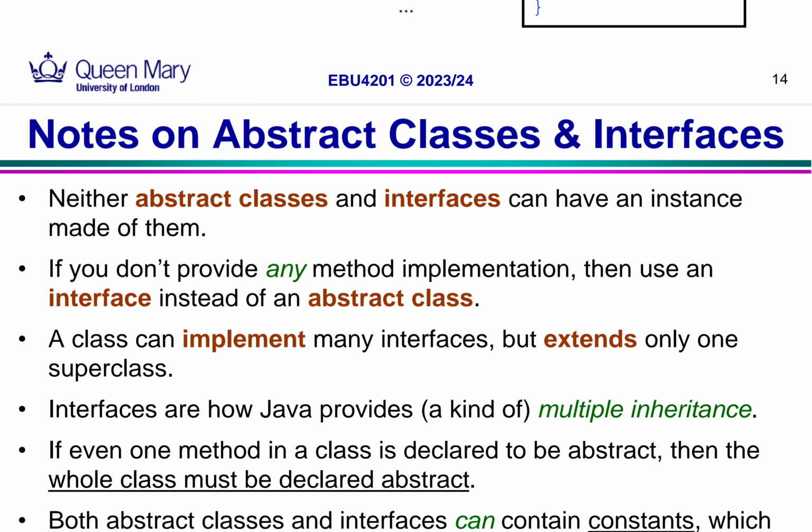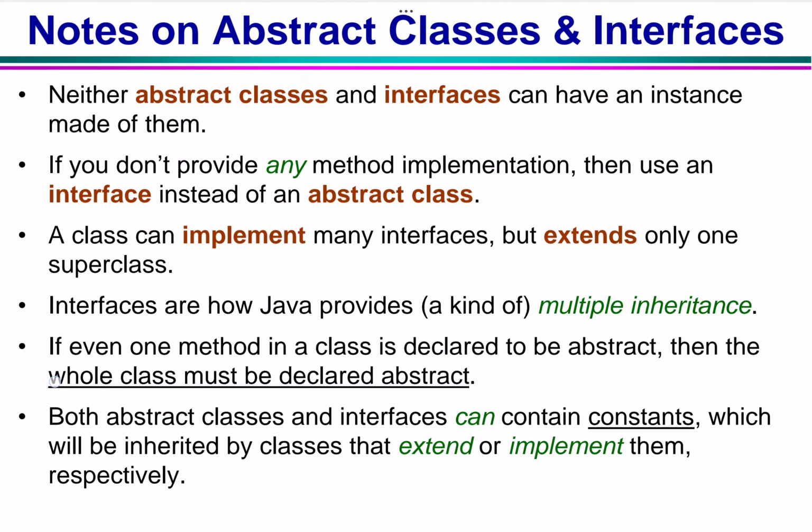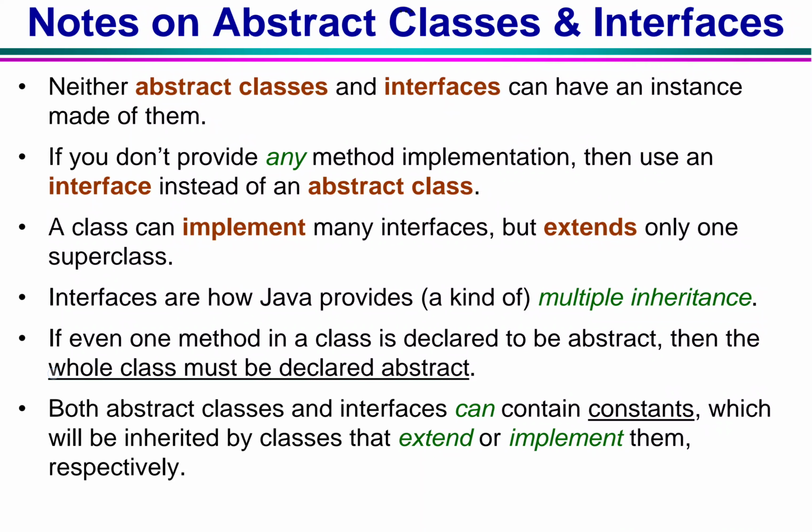A class can implement many interfaces, but it can extend only one class. Interfaces are how we provide a kind of multiple inheritance. If even one method in a class is declared to be abstract, then the whole class must be declared abstract. Both can contain a constant which will be inherited by the class.